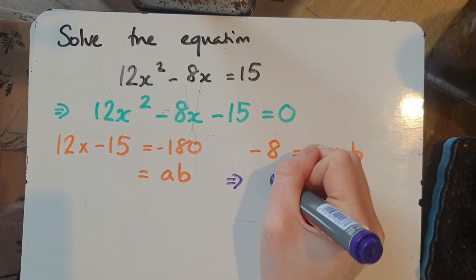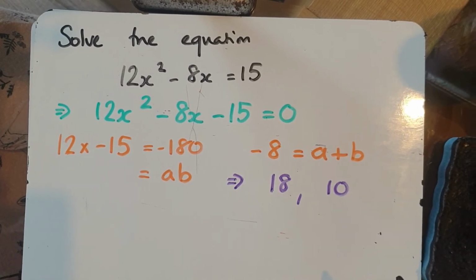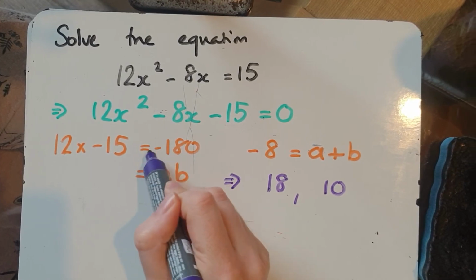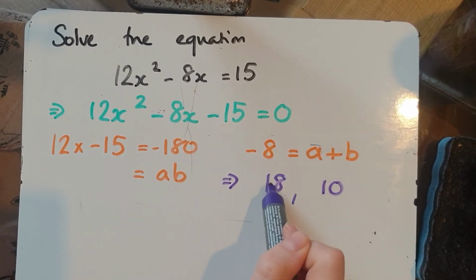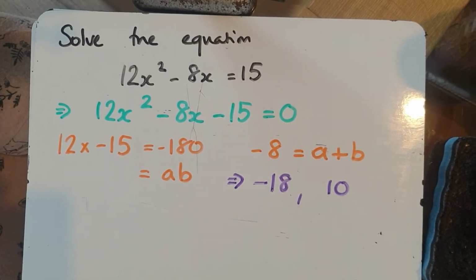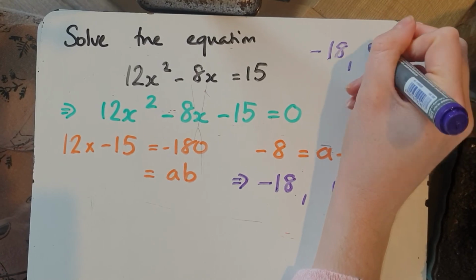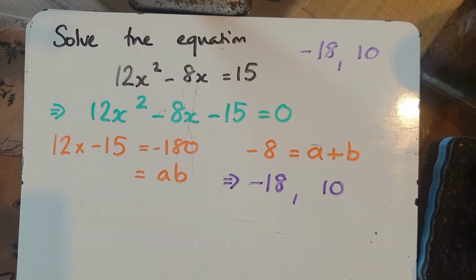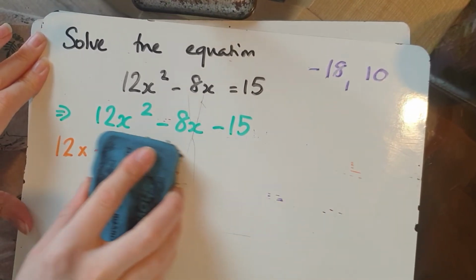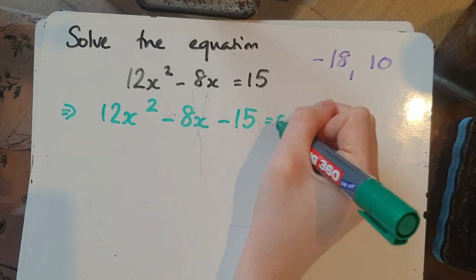The numbers are 18 and 10. When you multiply those together, you get positive 180. We need a negative. We need to add them together to get negative 8, so it must be the 18 which is negative. So the two numbers we need to use are negative 18, positive 10. I will leave that here.